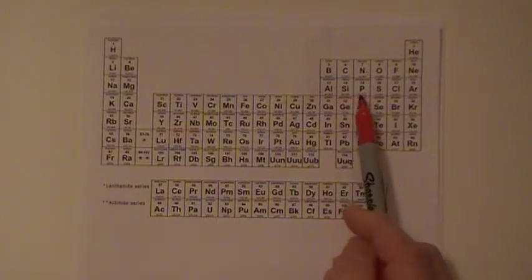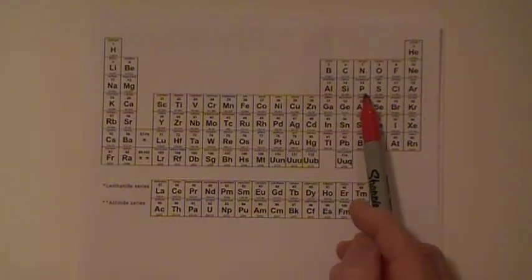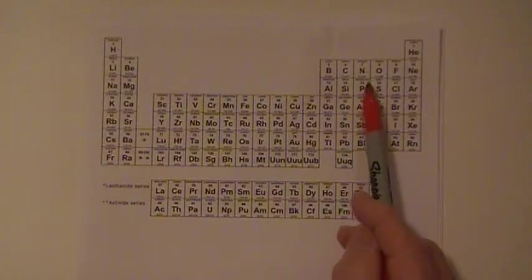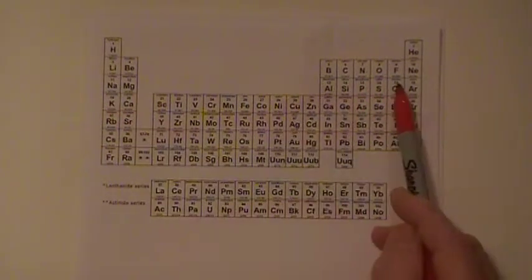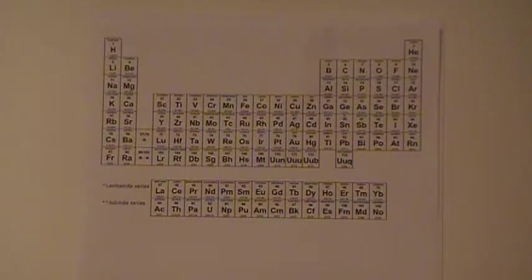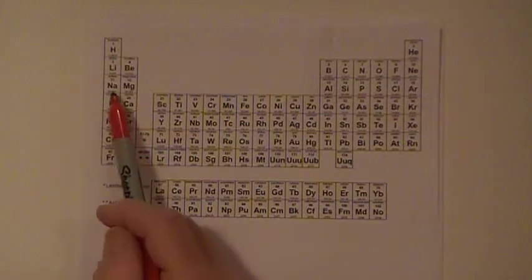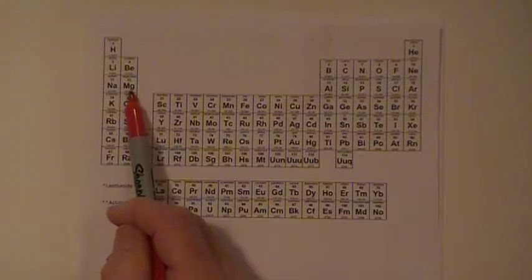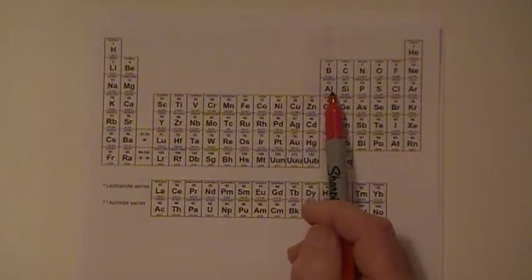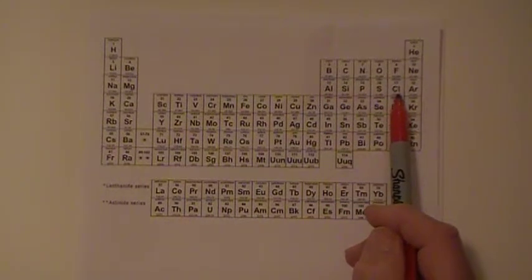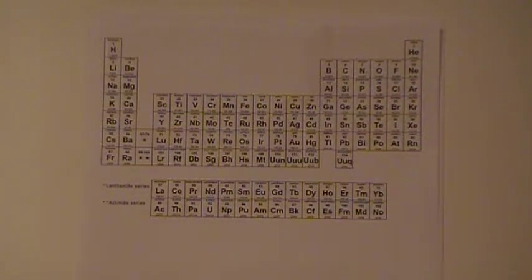If you look at phosphorus or nitrogen, phosphorus is a bigger atom than nitrogen. As you go up the periodic table or to the right, you get more electronegative and smaller. How about sodium or magnesium? Magnesium must be smaller, aluminum smaller still, chlorine smaller still, fluorine smaller still.